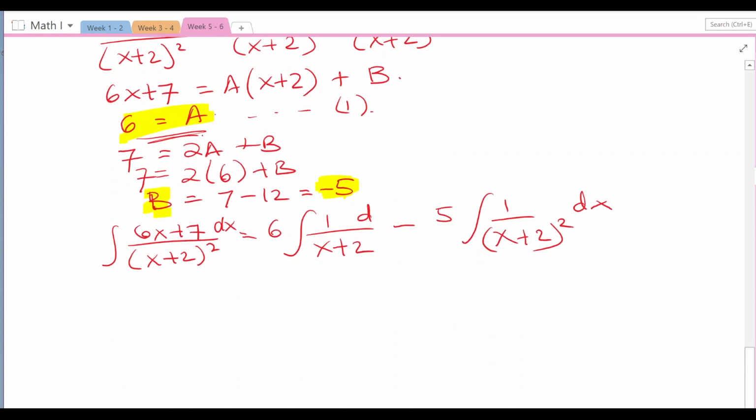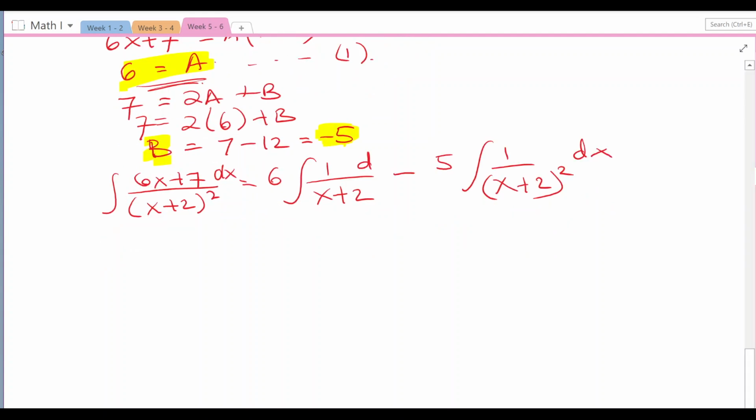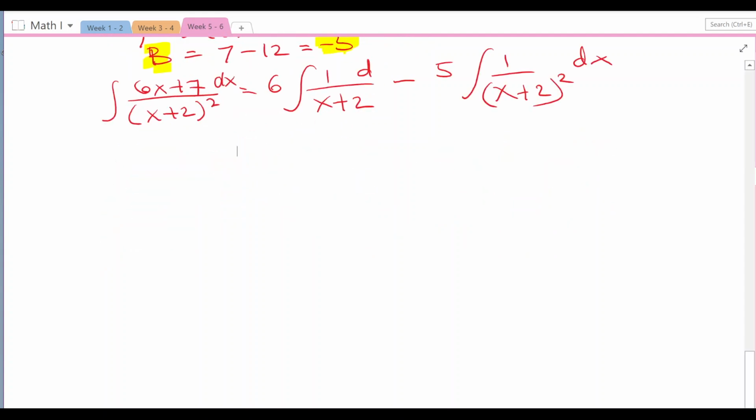So the first one here simply equals 6 ln of x plus 2. And then the second is negative 5 times, well, we have x plus 2 squared, which is x plus 2 to the power of negative 2.